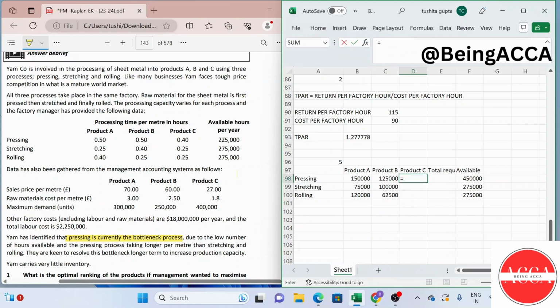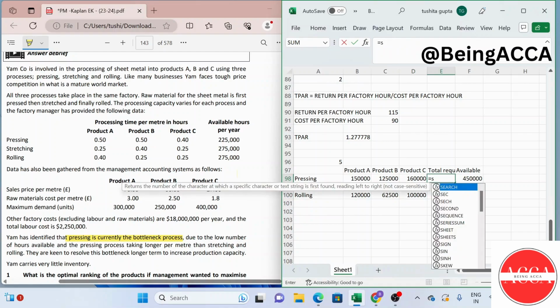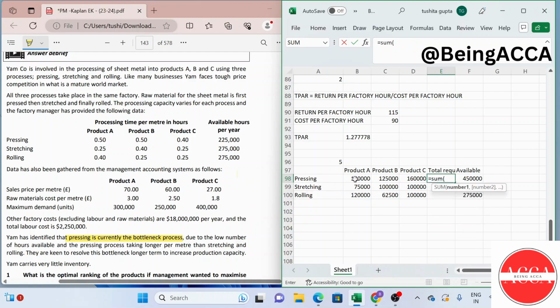Then for product C, I will go for 0.4 multiplied by the maximum demand, which is 400,000, and then 400,000 multiplied by the time it takes, 0.25 hours, again 0.25 hours multiplied by 400,000. So with this, I know that these are the amounts of time that I require on each of these processes.